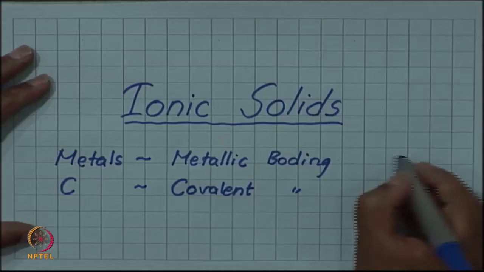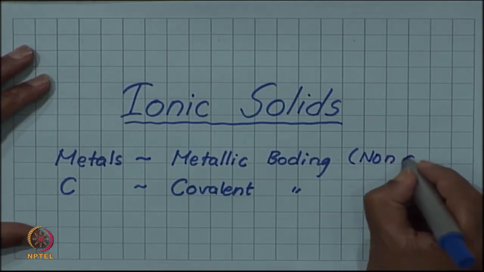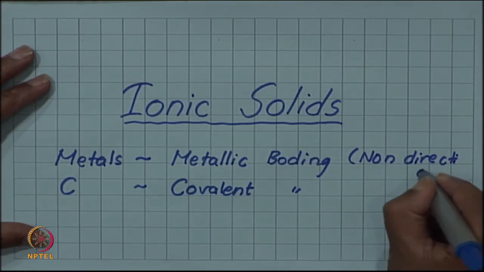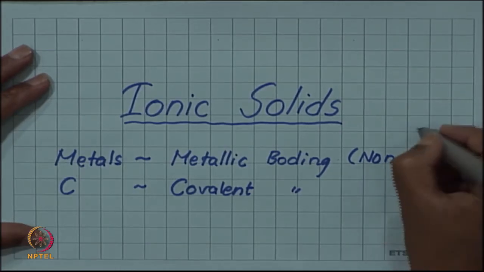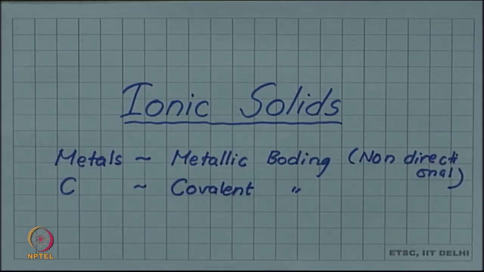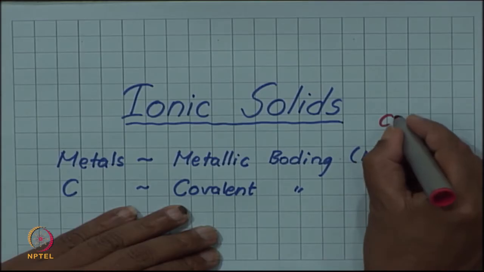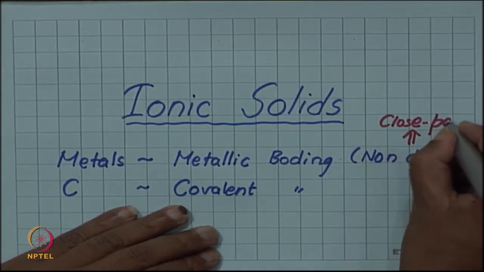The difference here is that metallic bonding was non-directional. This is what led to close packing. Since it is non-directional, you can pack as closely as possible.